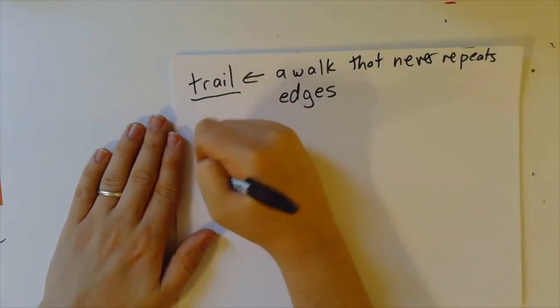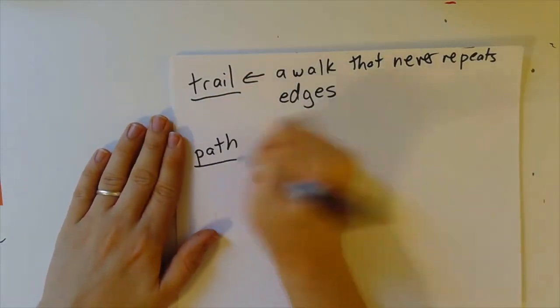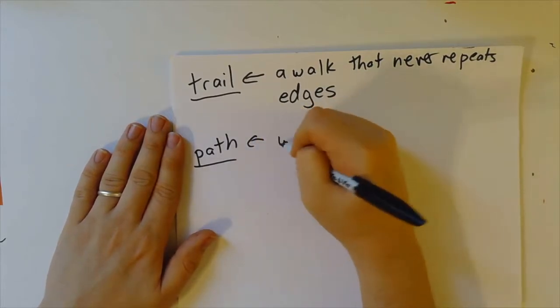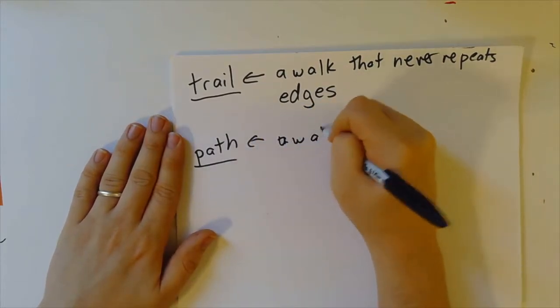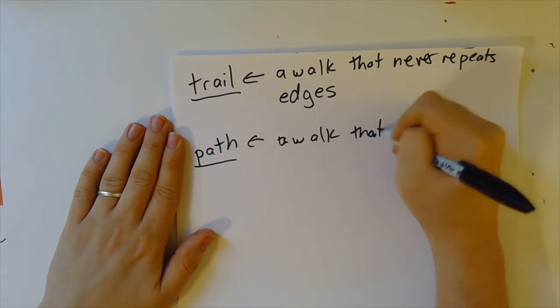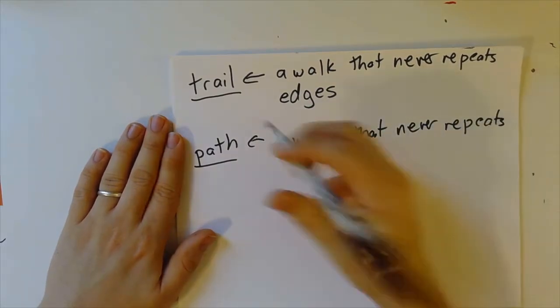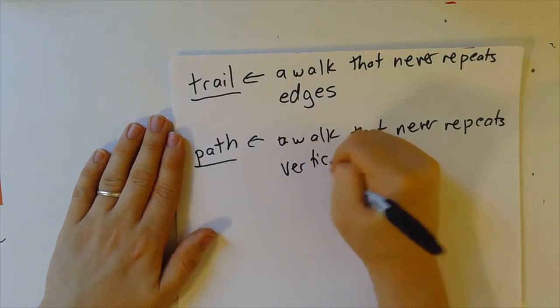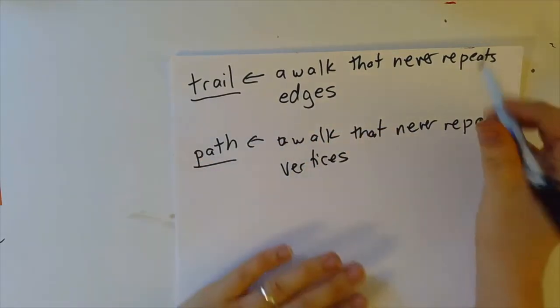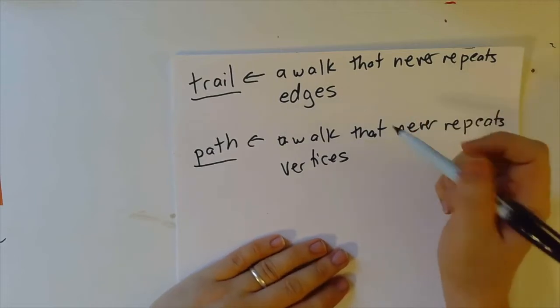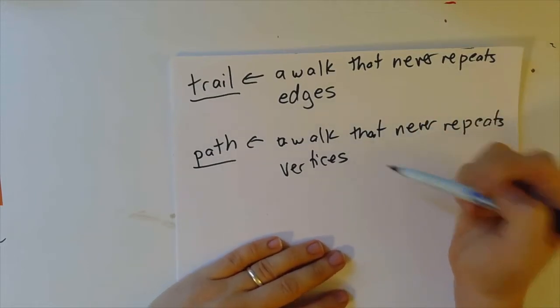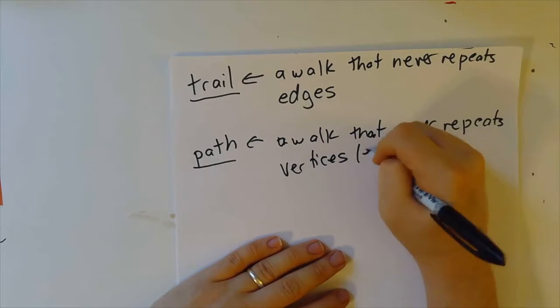And likewise, a path is a walk that never repeats vertices. But there's one exception that I want to include, which is that it's allowed that I start and stop at the same place.